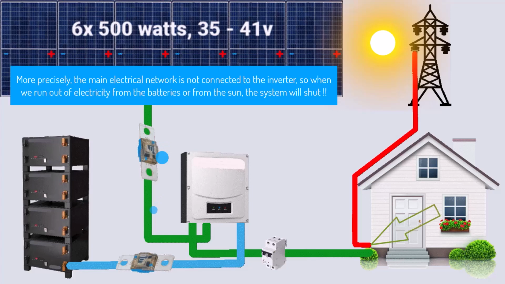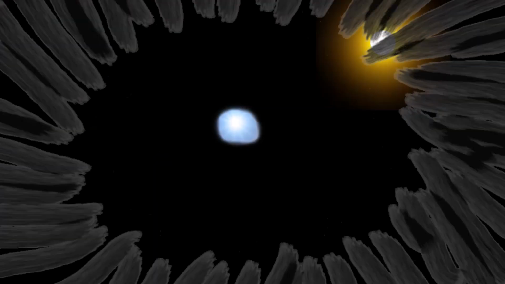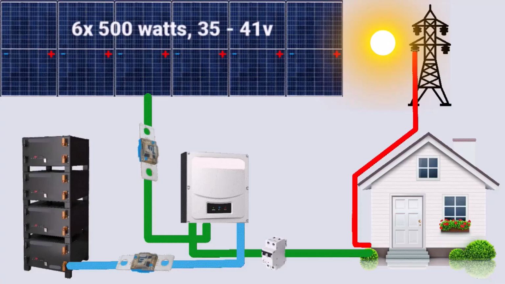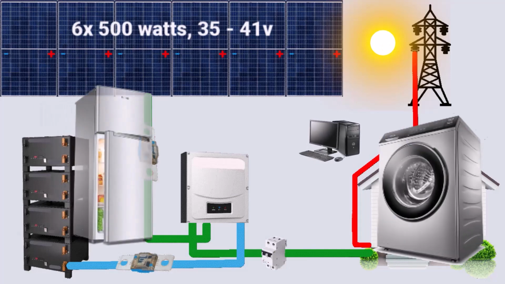More precisely, the main electrical network is not connected to the inverter, so when we run out of electricity from the batteries or from the sun, the system will shut down instantly, which is not good for the appliances in the house.